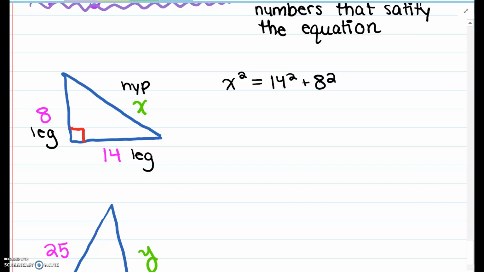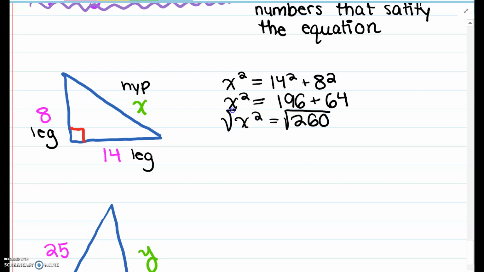And it does not matter which leg you plug in first. So we get x squared equals 196 plus 64. We get x squared equals 260.